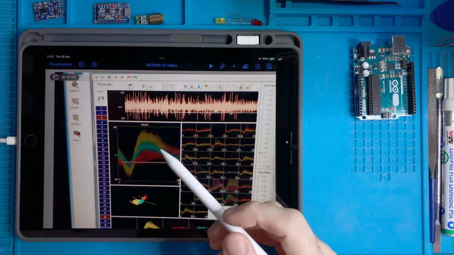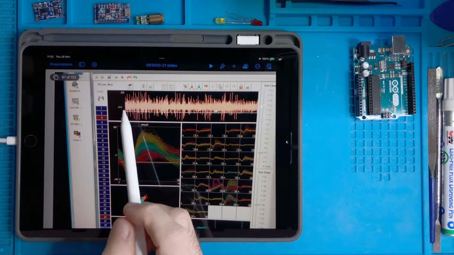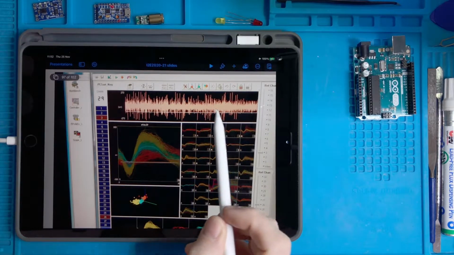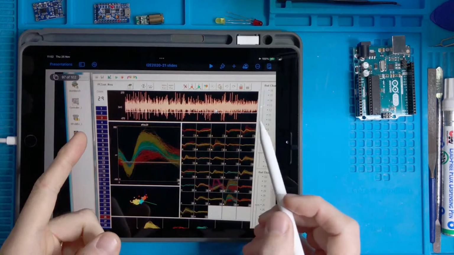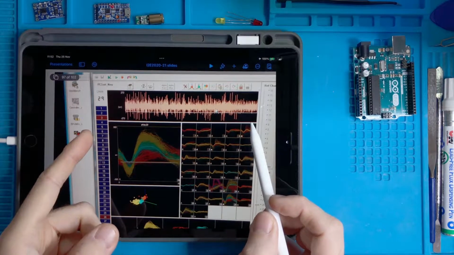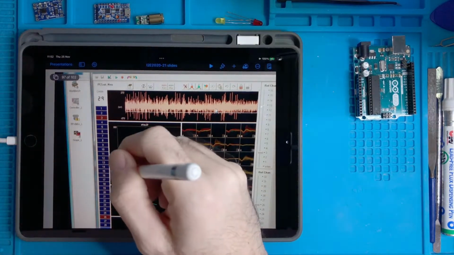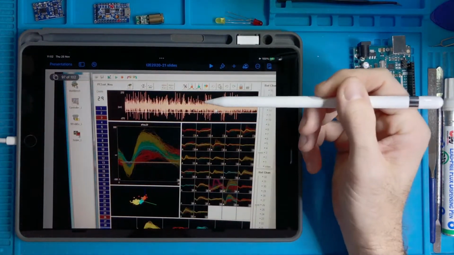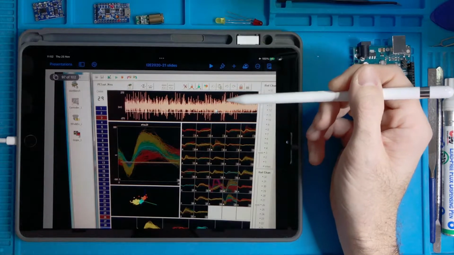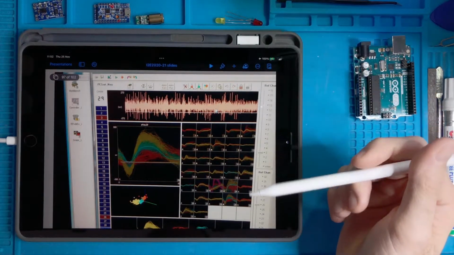So here what you see is another chart with a slower time scale. All those action potentials are compressed here, and you see the spikes. So these are why they are called spikes.